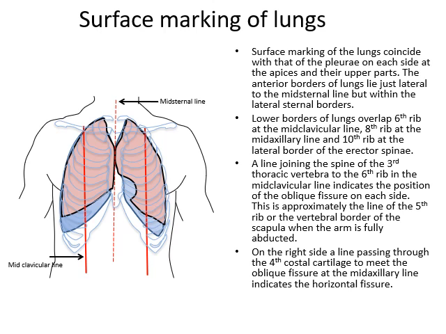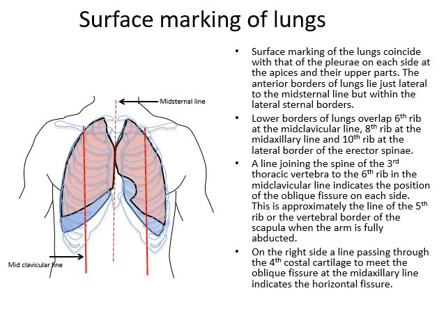So the posterior edge of the lung has its surface marking slightly higher than the pleura. The lower border of the lung overlaps the sixth rib at the mid-clavicular line, about 2 ribs above the pleura.